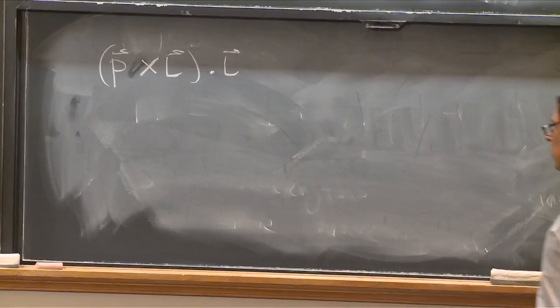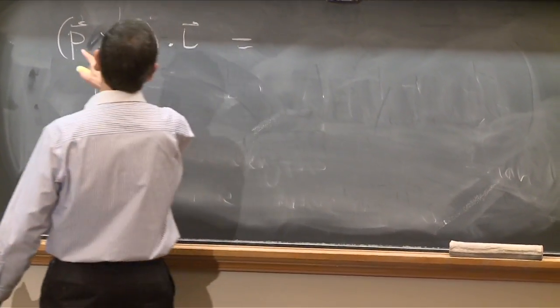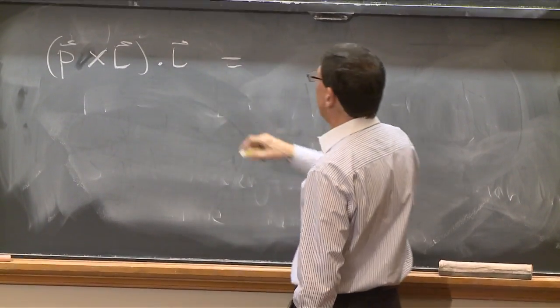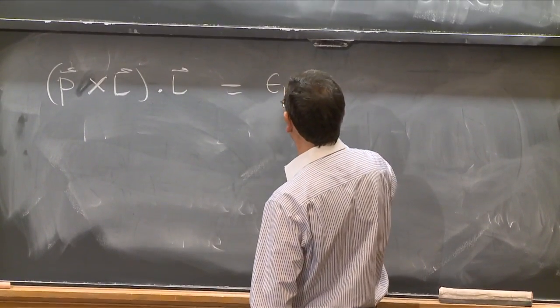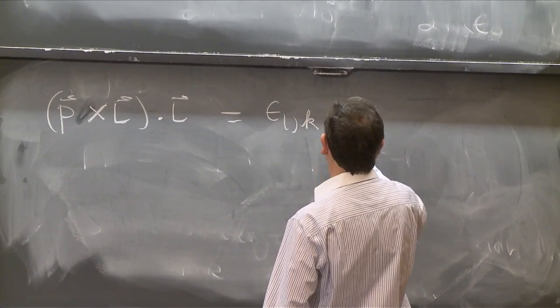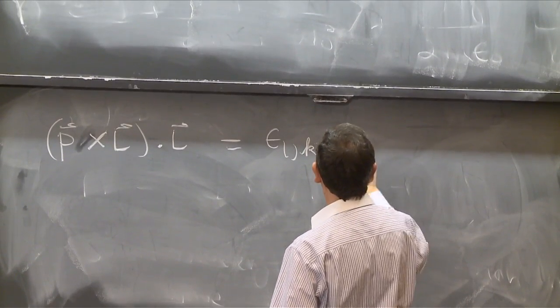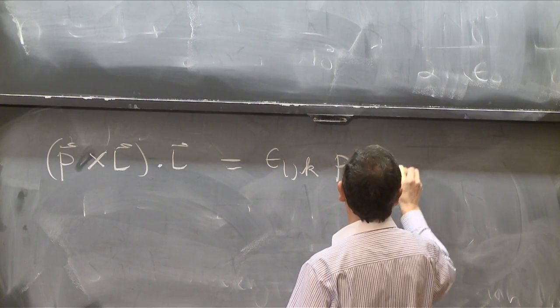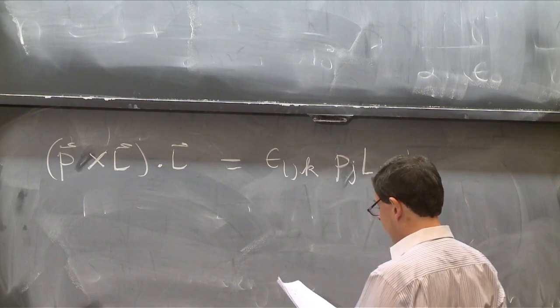So you just do it. Then you say this is the ith component of this vector times the ith of that. So it's epsilon i j k p j l k L i.